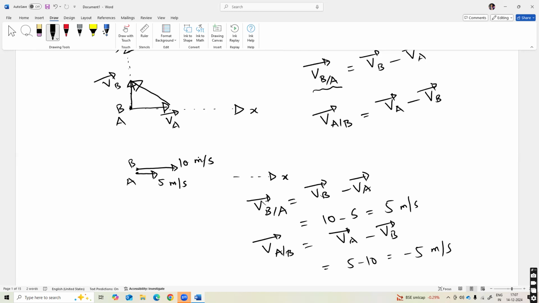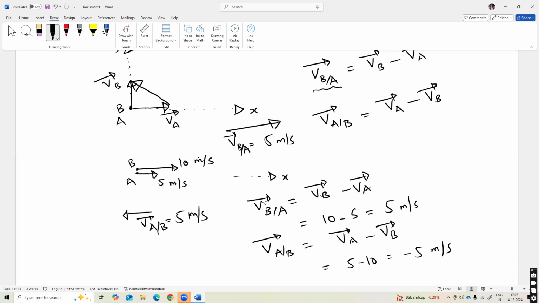So here we can simply write vBA is equal to 5 meter per second, and its direction is towards positive x, whereas vAB, the velocity of A with respect to B, is also 5 meter per second, but its direction is opposite, towards the negative x-axis. So this was the example in one dimension.